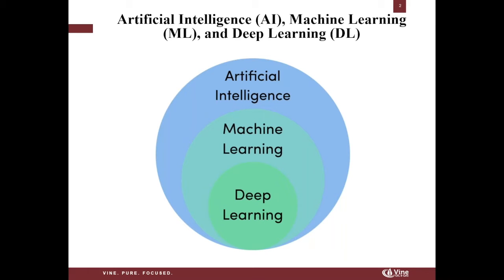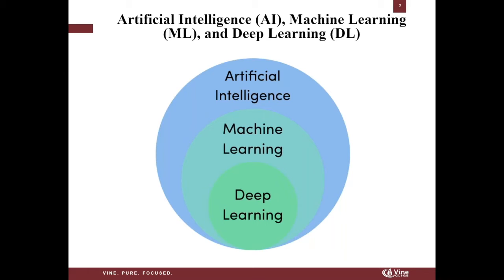So what is artificial intelligence? AI is basically using machine intelligence as opposed to using human intelligence. And then machine learning is considered to be a subset of AI, as you can see from this slide here. Basically in machine learning, we're giving the computers the ability to learn without being explicitly programmed, which is pretty powerful.